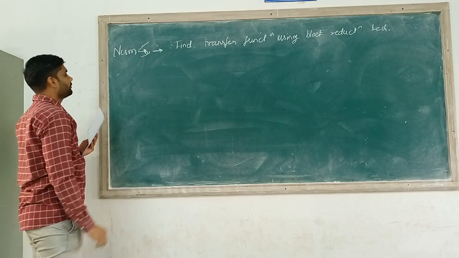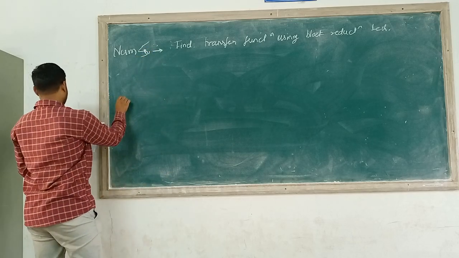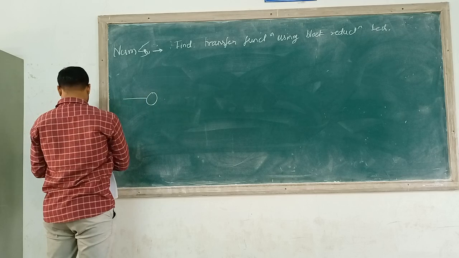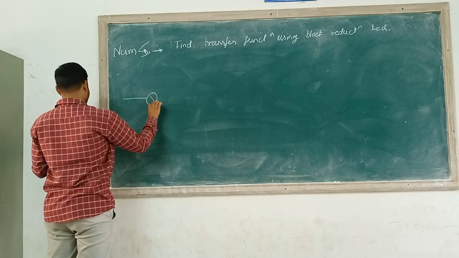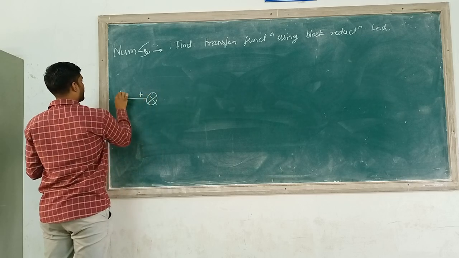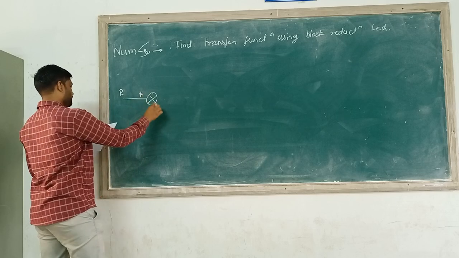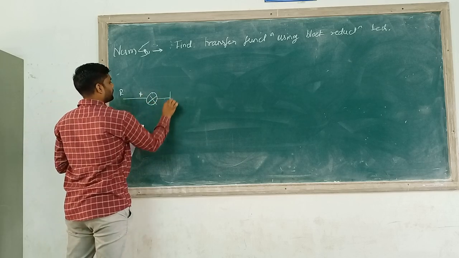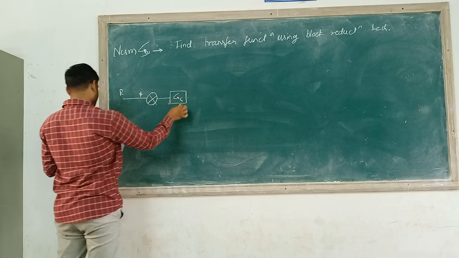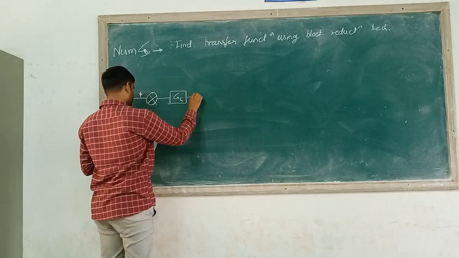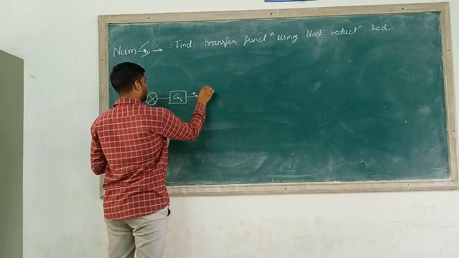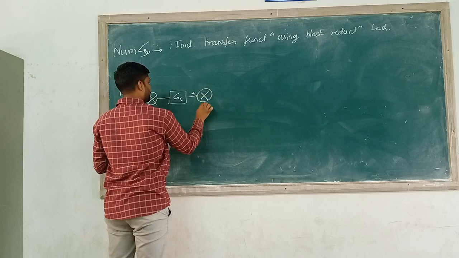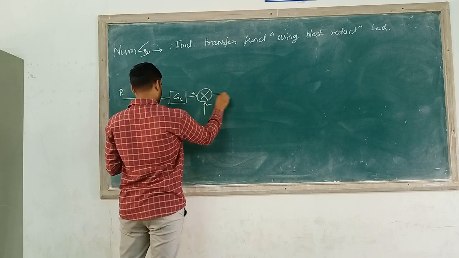Numerical number 5. Find the transfer function using the simple gesture equality. Is positive. So the function is G of C. S gives plus. Sorry. G minus. Then again.